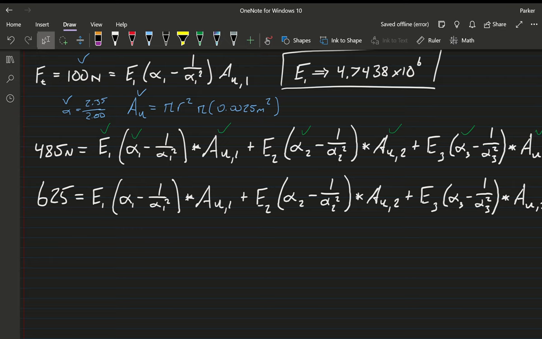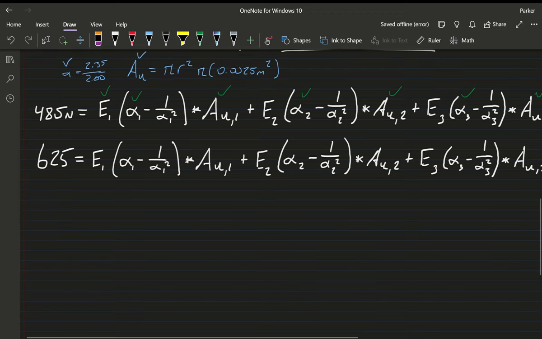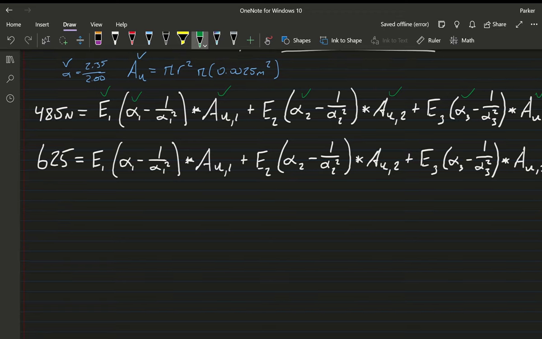When you do this yourself, remember that these alphas will be different across the different forces because you'll be at different lengths. But again, we can use just our total length over the unstretched length as alpha of the cable. When you solve these as a set of equations, I did these in Excel. You can do them however you like.